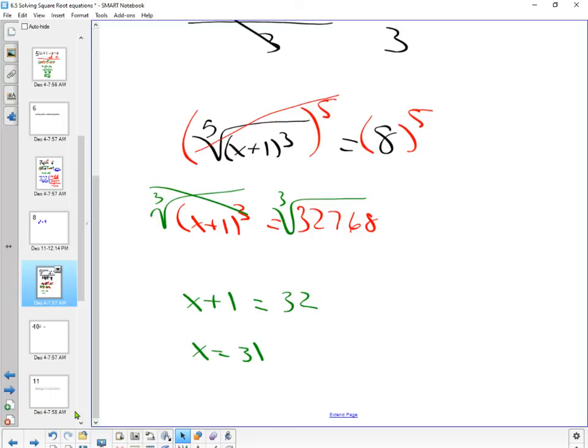So when do we plus minus? Only when you're doing a square root or a 4th root, an even root. Because with evens, negatives will turn positives, so I want to make sure that I account for both versions of that. Not when it's an odd number.